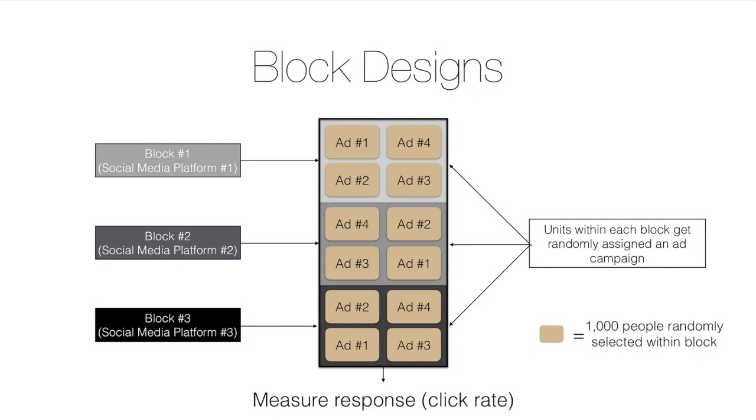And then within each block, within each social media platform, we would have 4,000 people, and among those 4,000 people, we would randomly assign 1,000 to ad 1, 1,000 to ad 2, 3, and 4, etc. And we would do that within each block. So the random assignment is not overall among experimental units, but it's randomly assigned within each block.